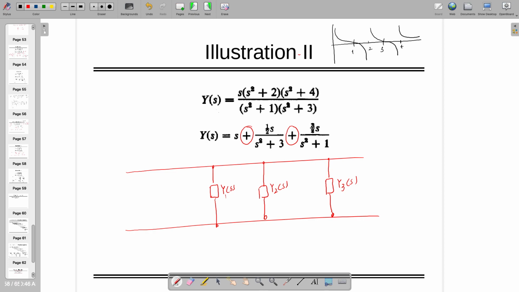So this was the question I asked. X of omega with respect to omega is given to you. You have to synthesize this. So there is a pole at origin. Pole at origin, not zero at origin.